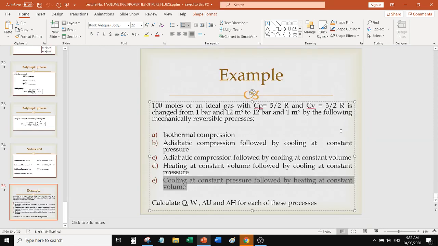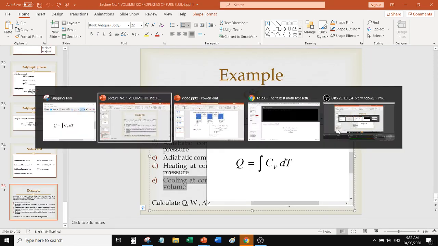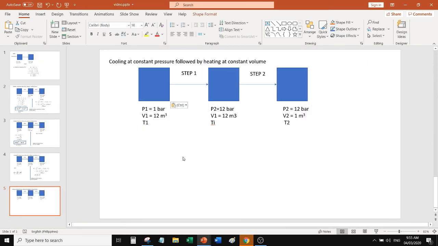It's the opposite. Oops. It's the opposite. So first is constant pressure. So this is 1 bar. And then step 2 is constant volume. Okay, so it's just the opposite of the first problem.